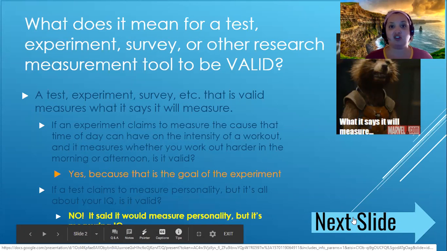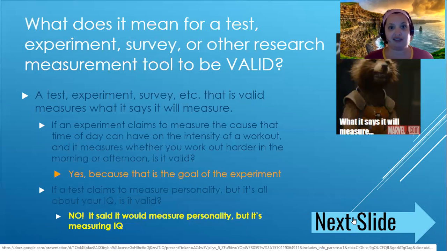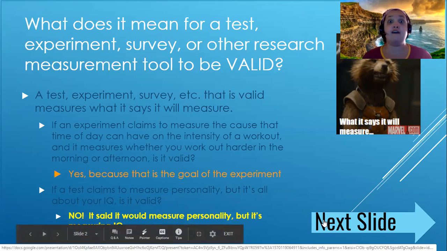You need to be asking yourself, did this measure what it says it will measure? So if you're part of a survey that's looking to find out opinions on popular music, like what kind of music is the most popular among students at Georgia Cyber Academy, and it's asking you math questions, that's not music. So again, you need to look at if it's measuring what it says it will. That's what makes something valid.